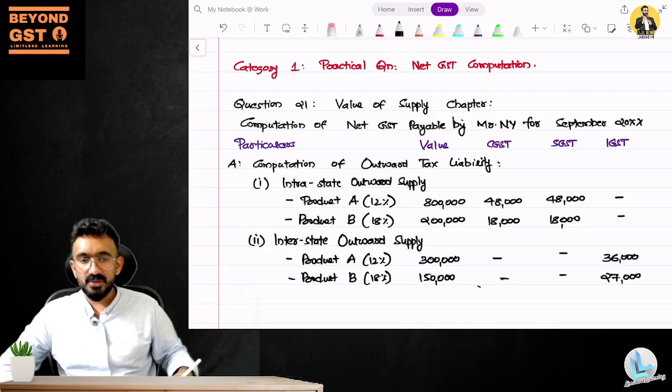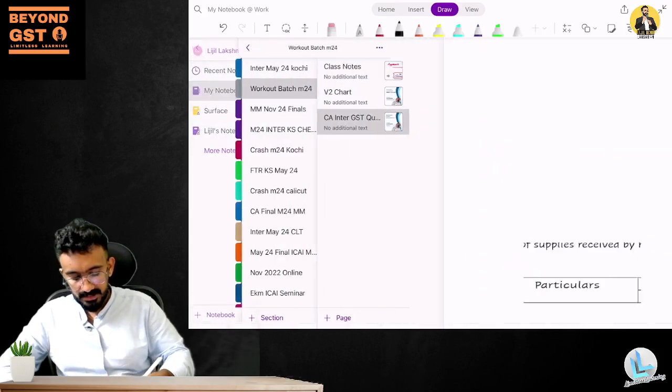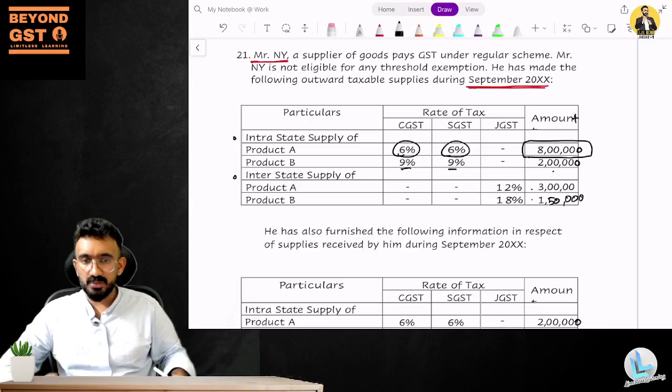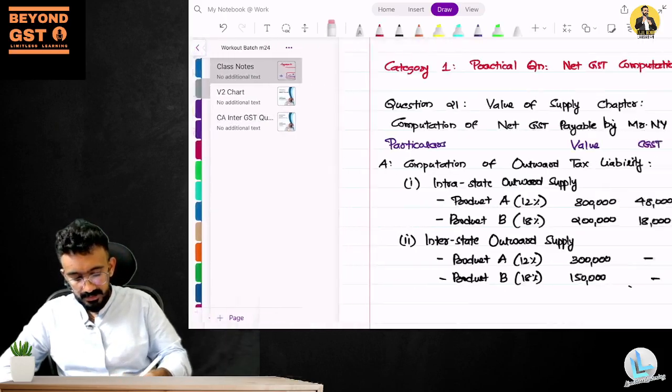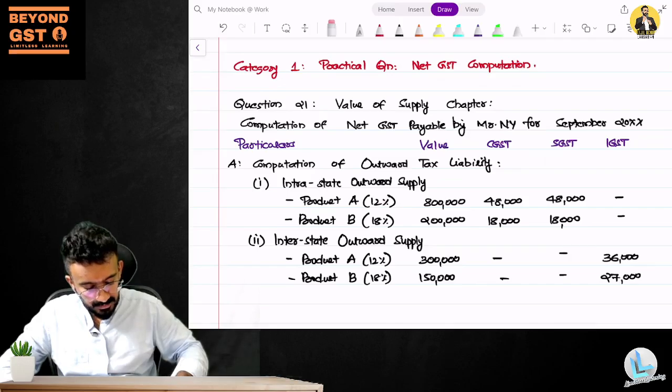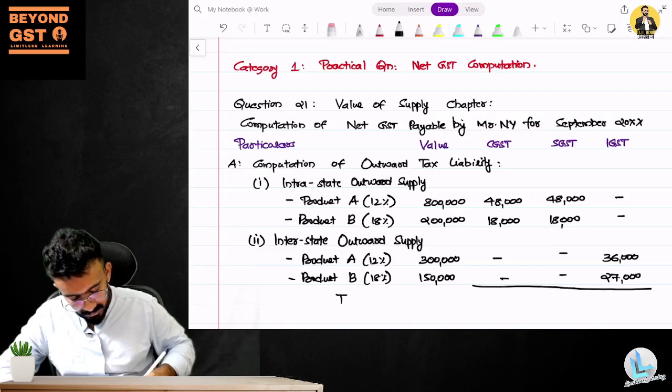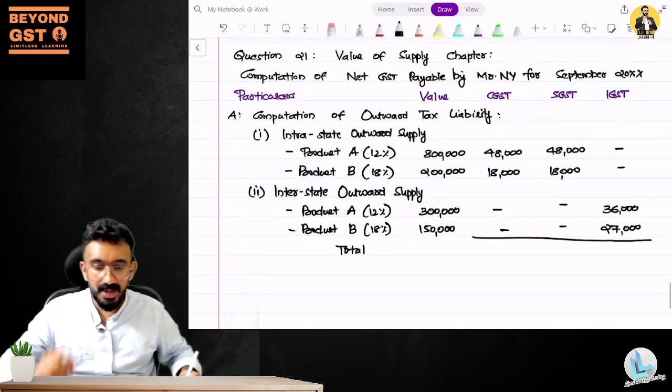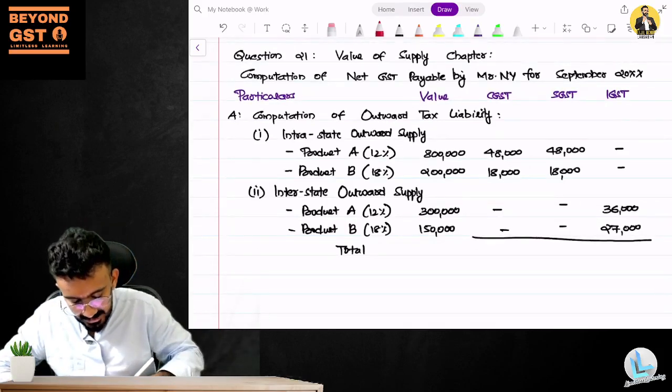Is there any other outward supply in this particular question? No, I don't have any other outward supply in this question. So what will be my total? I'm computing my outward tax liability here.